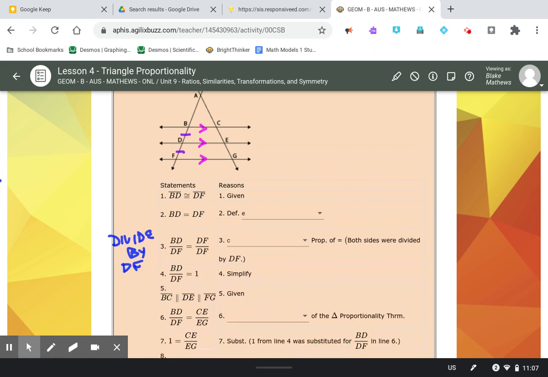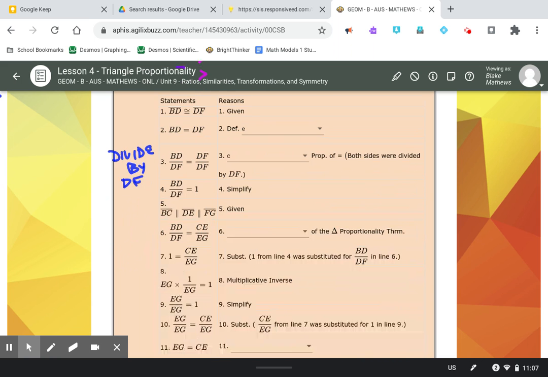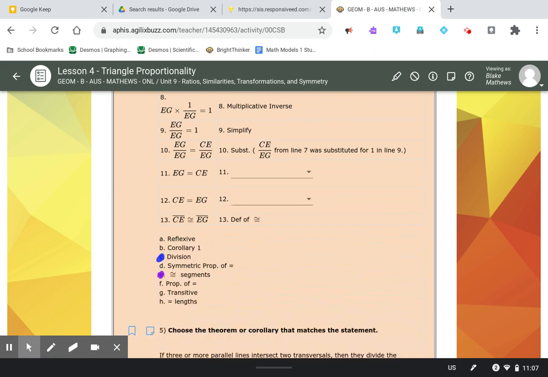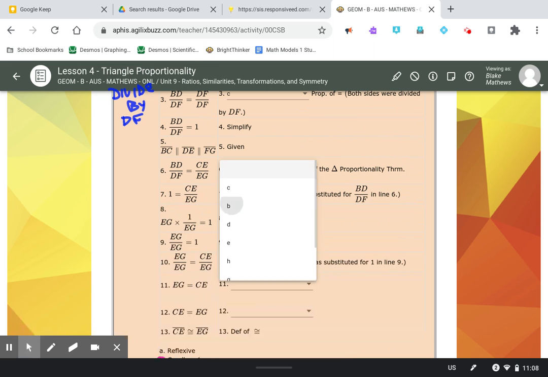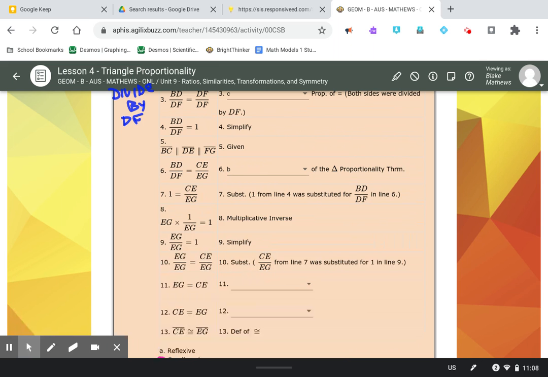BD over DF is congruent to CE over EG. That's just saying that because these are triangles, that's going to be the converse, the corollary one of the triangle proportionality theorem. So it's choice B. We know that BD over DF is 1.